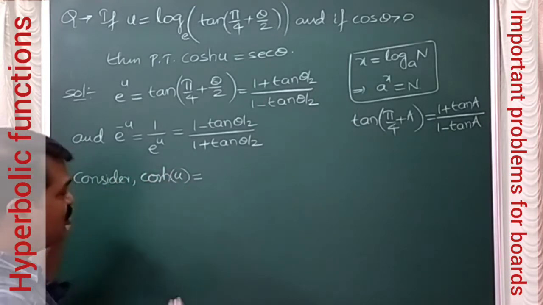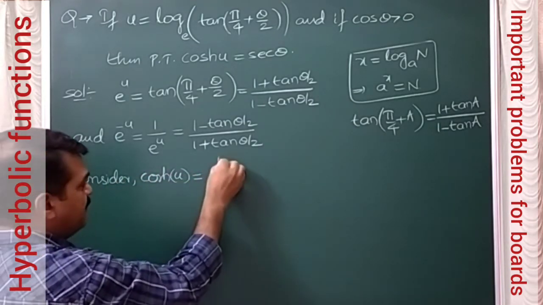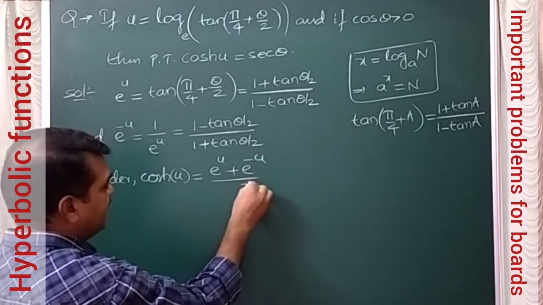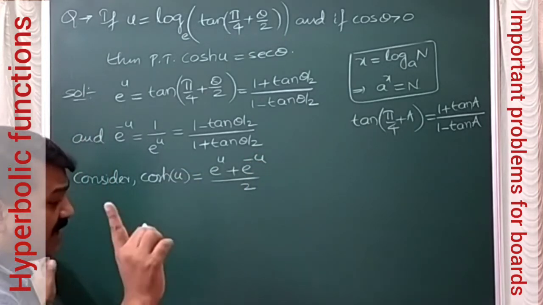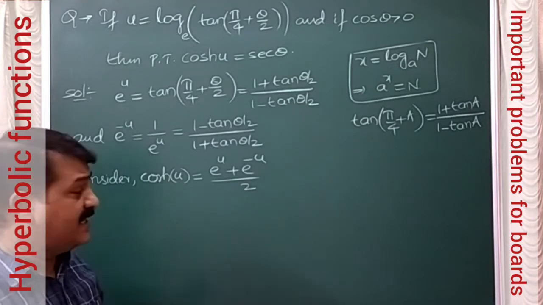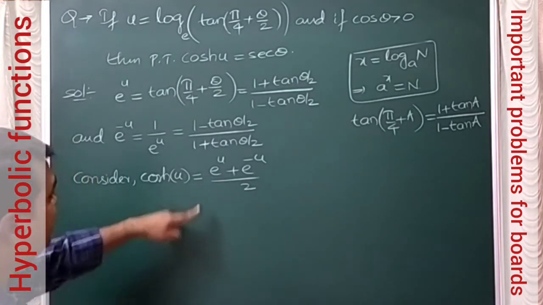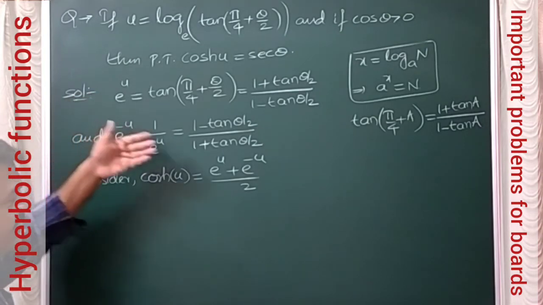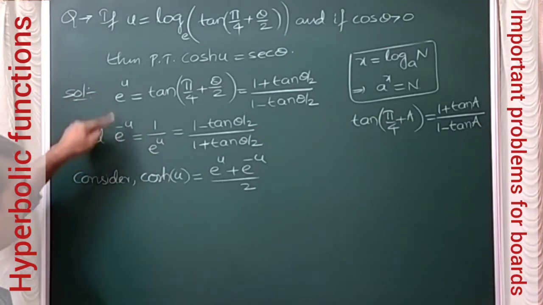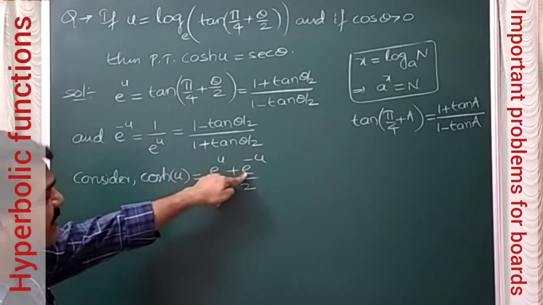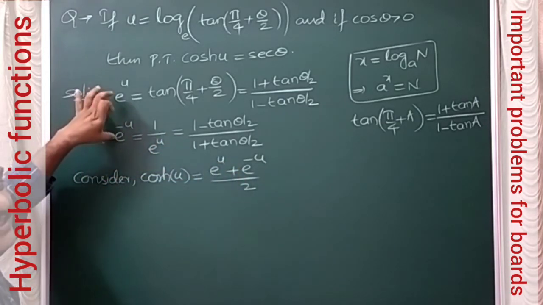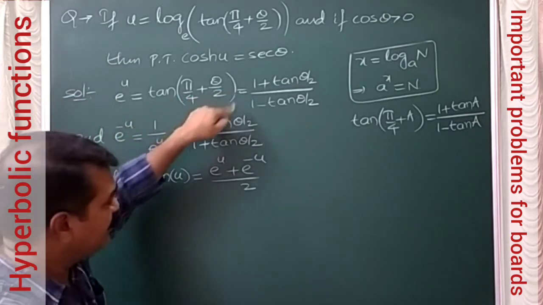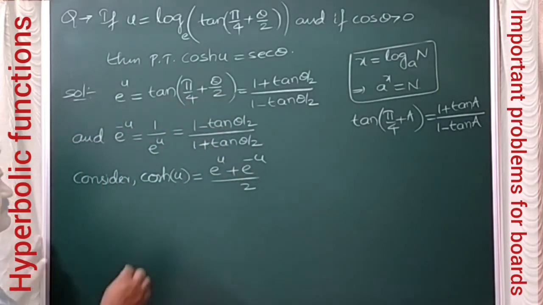So cosh u becomes e power u plus e power minus u by 2. I hope now you understand why we determined e power u and e power minus u. Just to substitute these values, we determined these two.